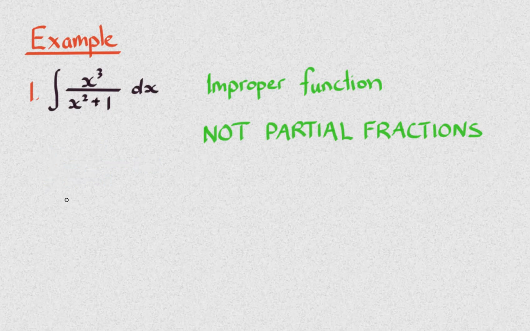So wouldn't it be nice if we had x squared plus 1 on our numerator? We don't, of course, but wouldn't that be good? Well, what do we have? We have a cubic function. So how can we turn this into a cubic function? Well, because it's a quadratic, we could multiply by x.